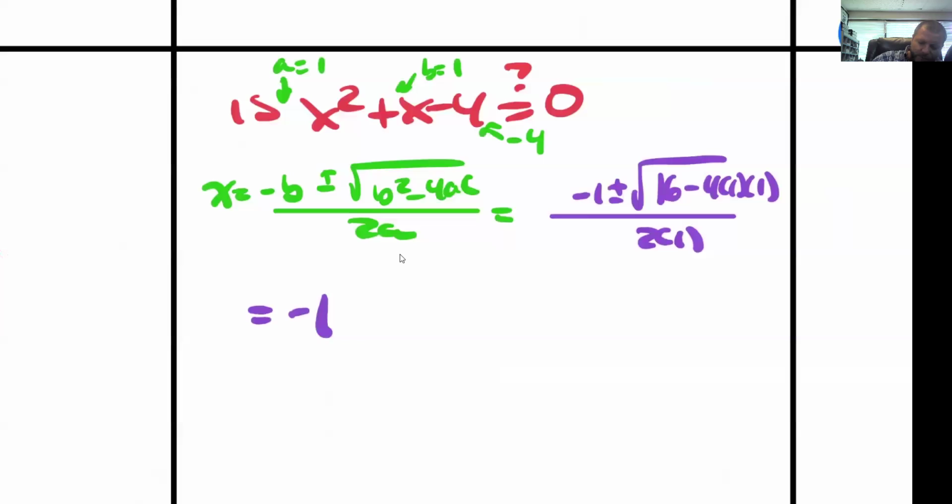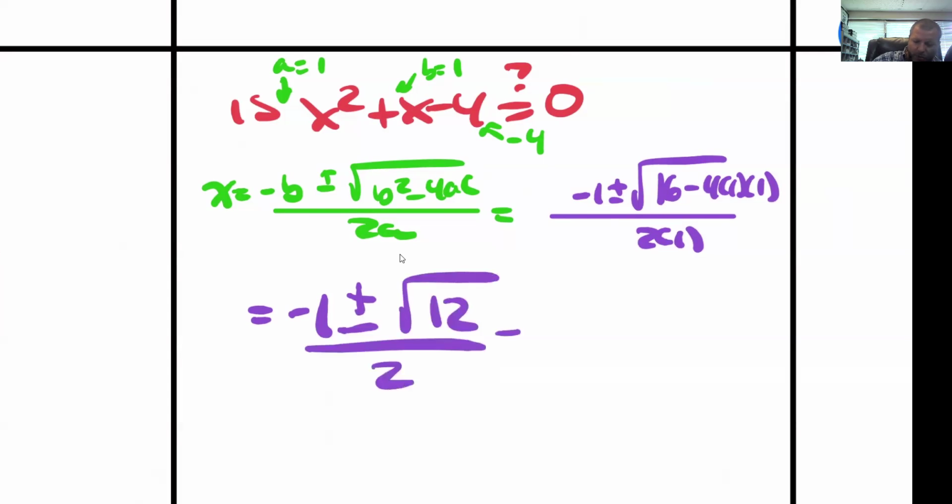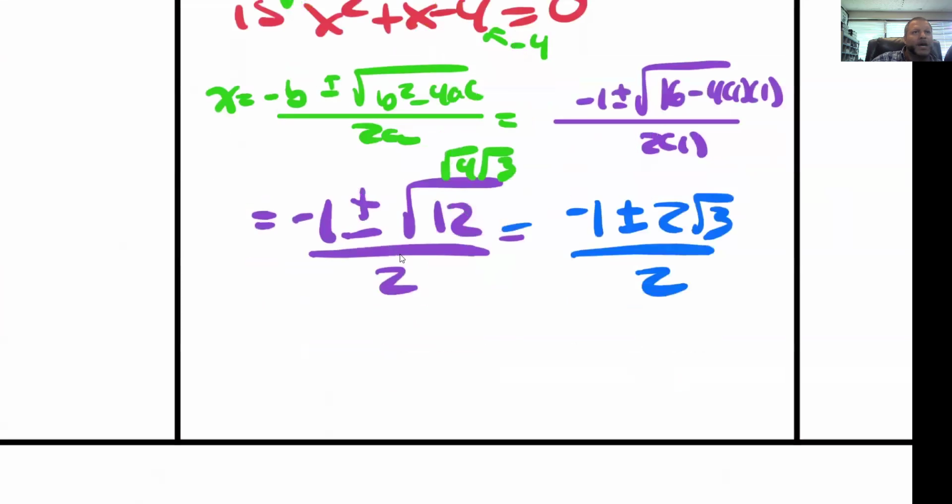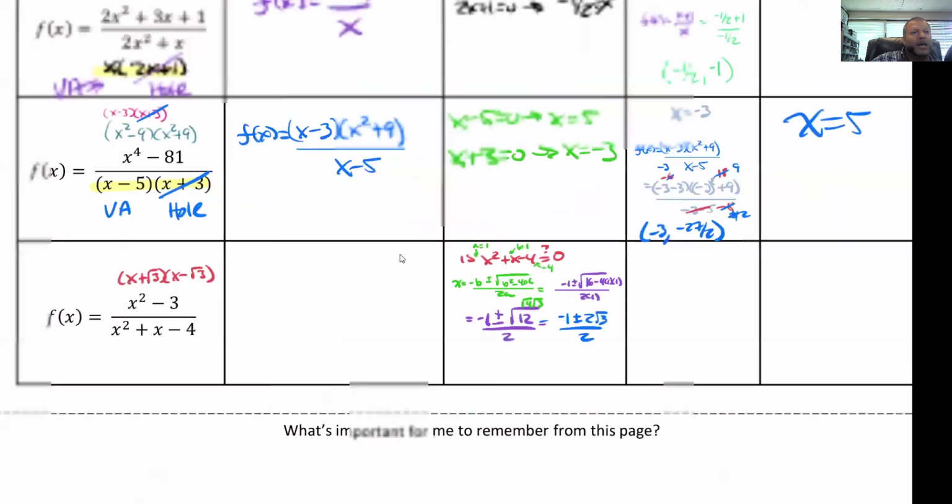So we're going to get -1 plus or minus the square root of 17 over 2.